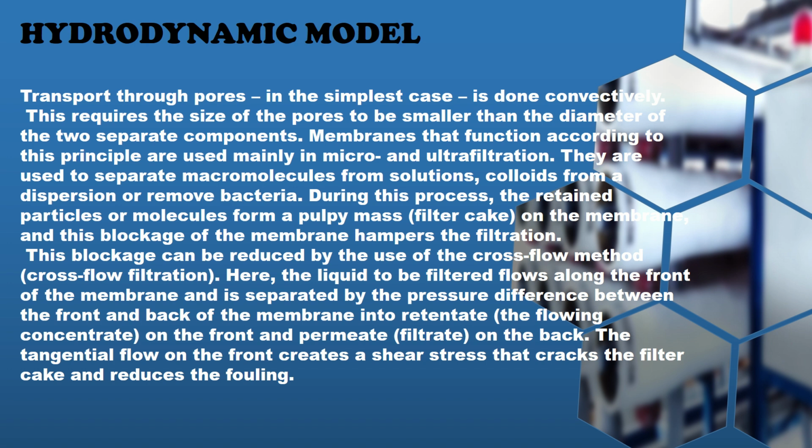Here, the liquid to be filtered flows along the front of the membrane and is separated by the pressure difference between the front and back of the membrane into retentate, that is the flowing concentrate on the front, and permeate, that is the filtrate on the back. The tangential flow on the front creates a shear stress that cracks the filter cake and reduces the fouling.